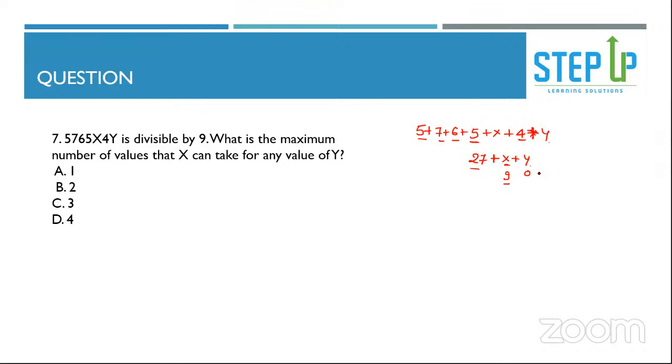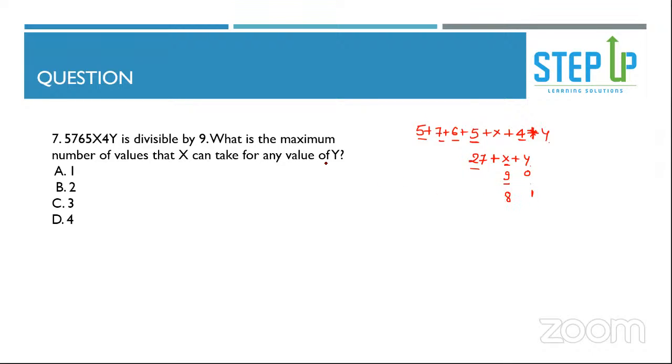Yes or no? Okay. And if y is 1, x can take, for any value of y, if y is 1, then it has to be what? It can be 8, right?